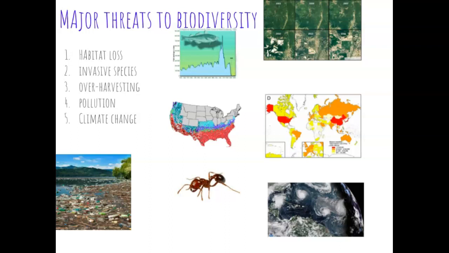And the larger that a fish is, the more eggs that those fish produce. So when you're taking the larger individuals out of the ecosystem, you're actually hurting the ability of that species to have enough individuals to reproduce and fill in the gaps for the ones that have been removed.